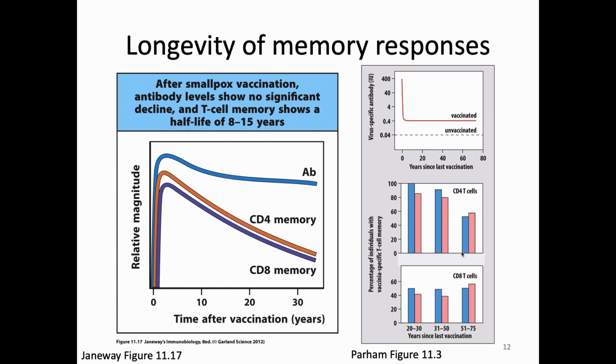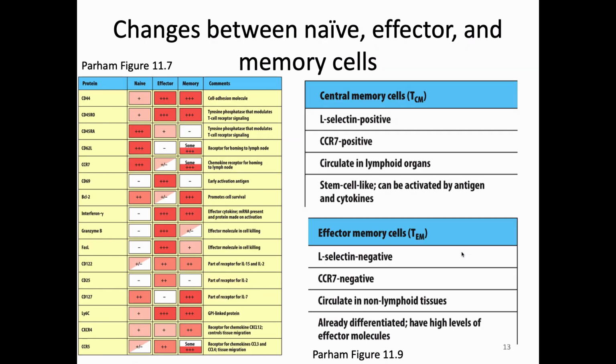So one thing about memory cells that's cool is that memory cells live for a super long time. They're also unique in other ways as well. We can see that there are some proteins that are on the surface of both effector and memory cells.